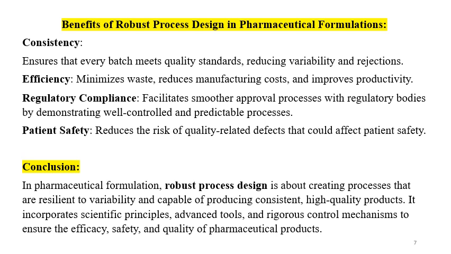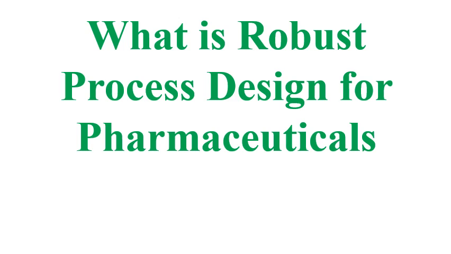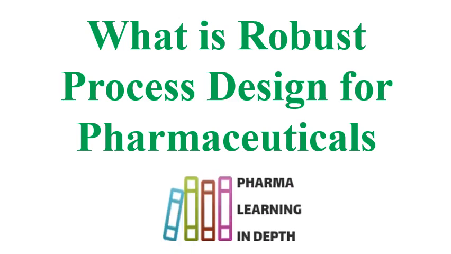Whenever you are working on process development, always understand whether the process is robust or not. We should challenge the process parameters. We should challenge the process by varying the raw material attributes, critical material attributes, and also we can vary or challenge the environmental conditions, and thereby we can check the robustness of the product.